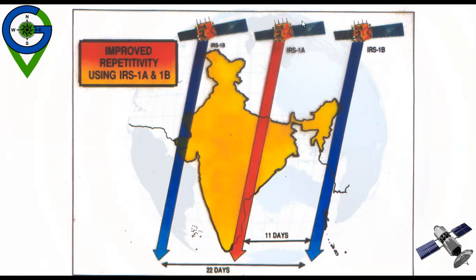Like the IRS-1A, it takes 22 days, but with the same characteristics as IRS-1A, we launched IRS-1B, and the repeatability time reduces. If we want to reduce the repeatability time further, we will launch one more satellite. So now we will get the same characteristics image with a repeatability time of 5 days.